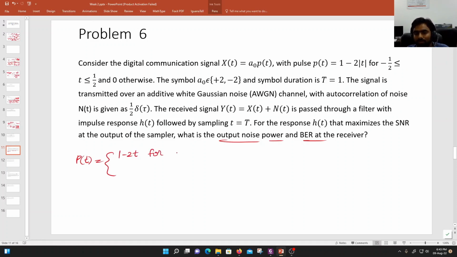For negative t it would be 1 plus 2t for minus half to 0, and it would be 1 minus 2t for positive t, that is 0 to half. Clear? And 0 otherwise.